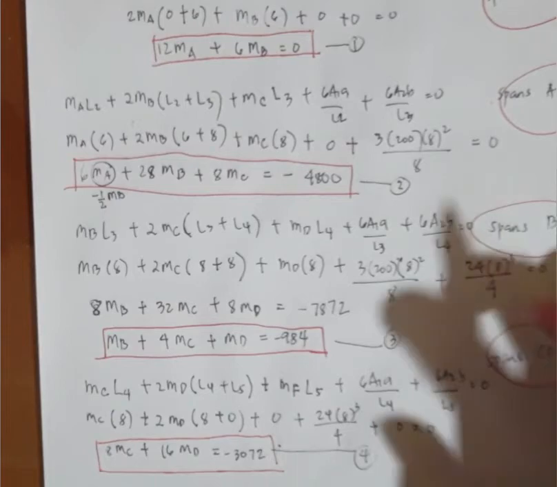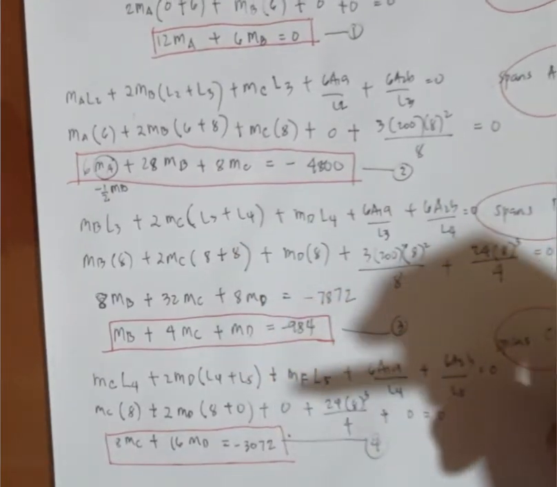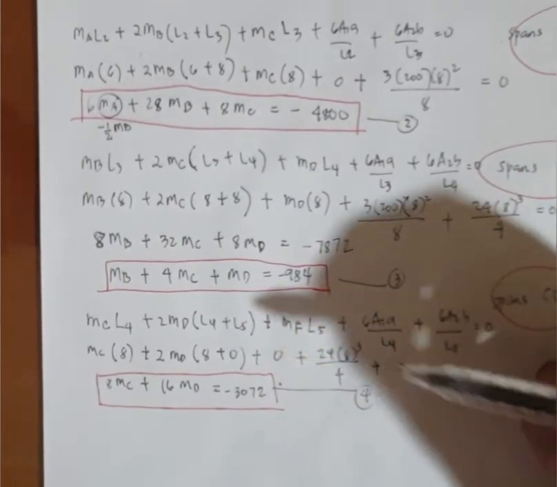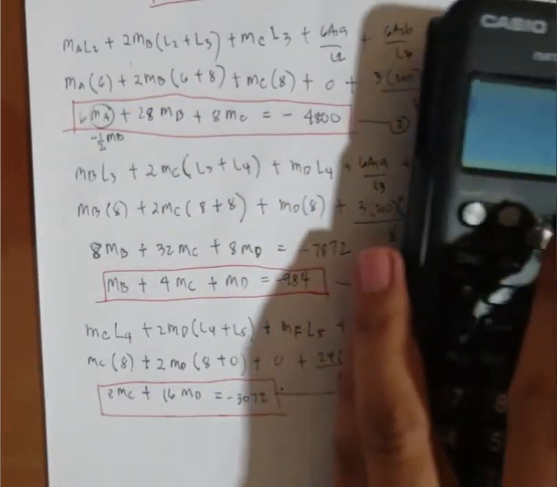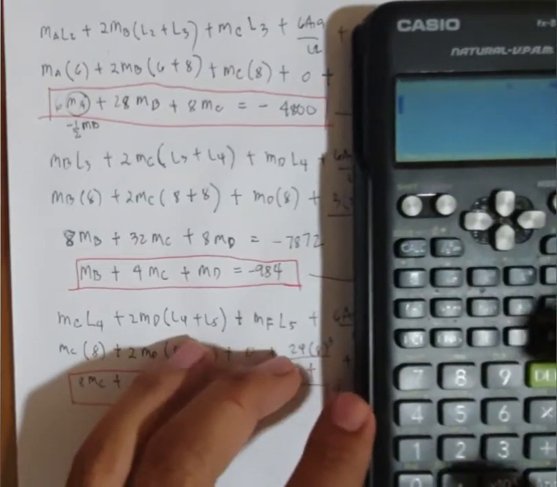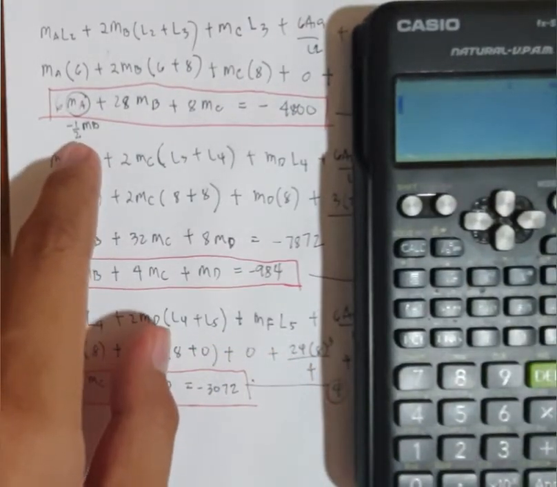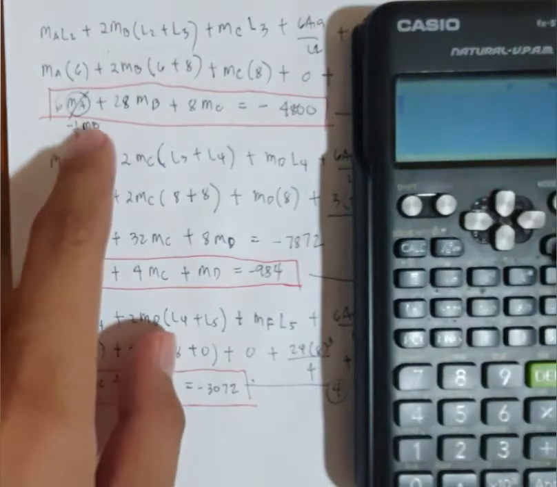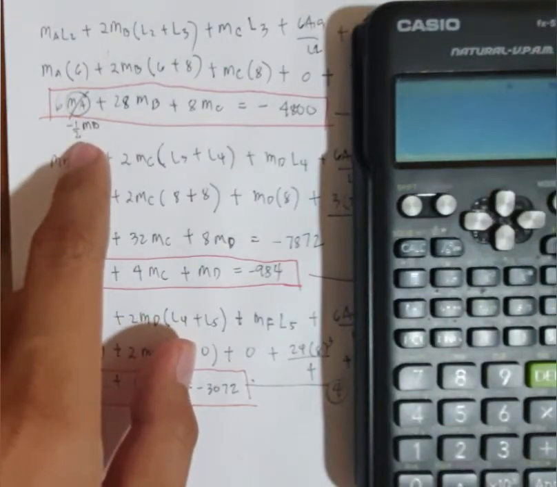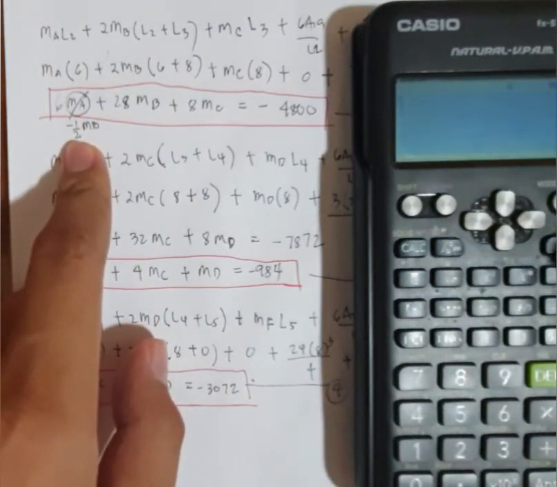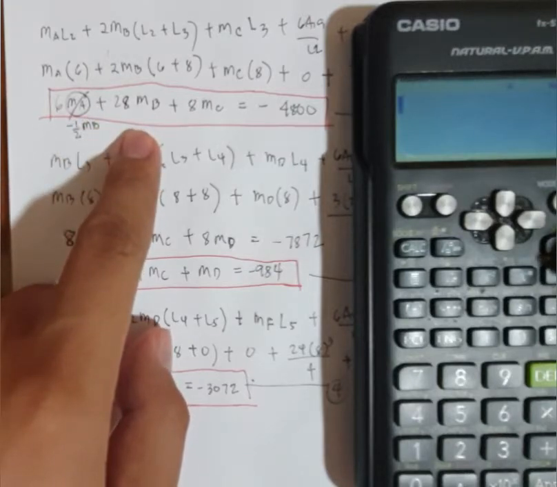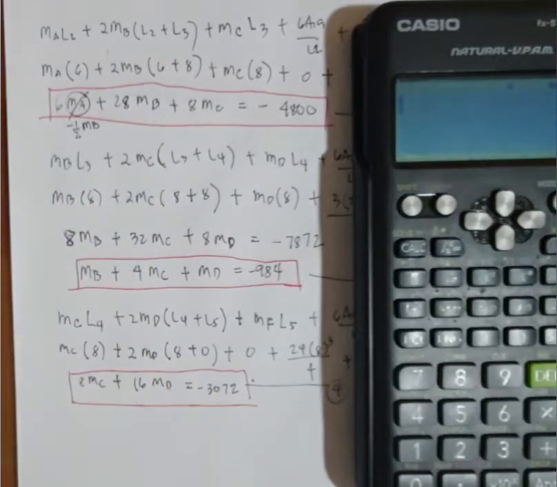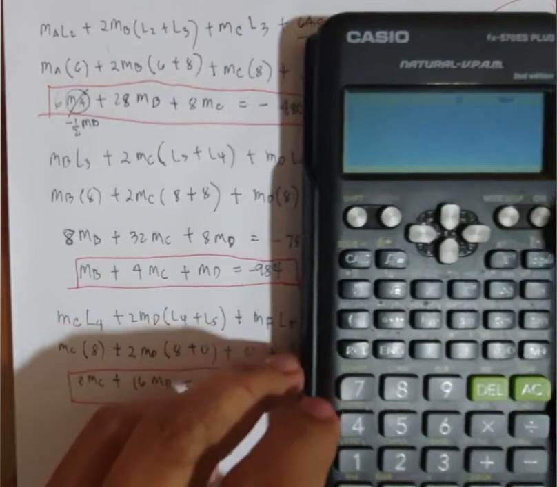Okay. So MA is gone, it's MB now. Let's proceed.